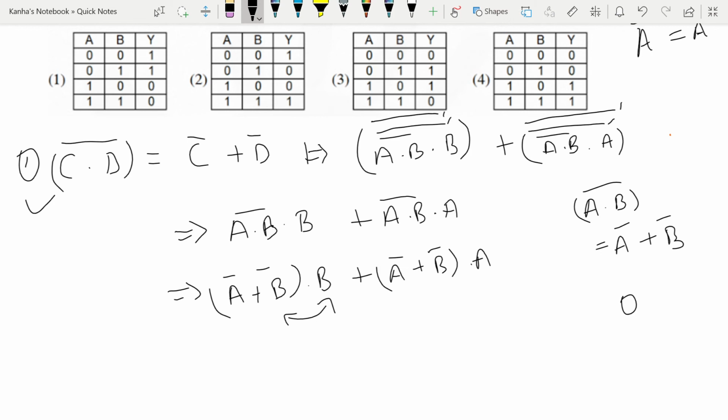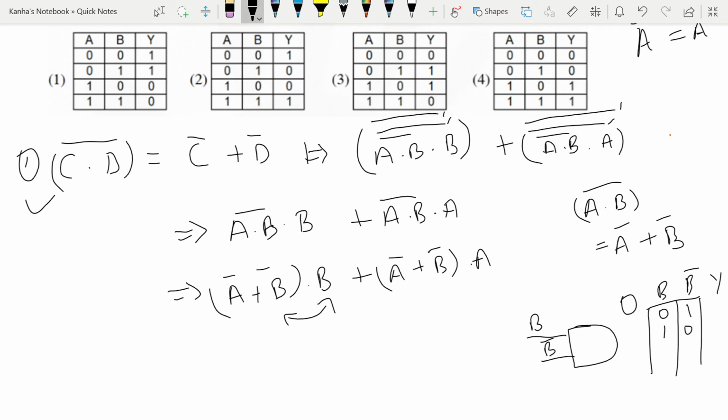What does this mean? B dot B bar, you are taking an AND gate where one component is B, another is B bar. So if I make a truth table for this, B, B bar and Y, what will I get? If B is 0, then B bar is 1. If B is 1, then B bar is 0.